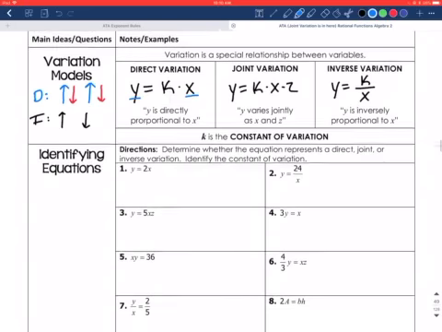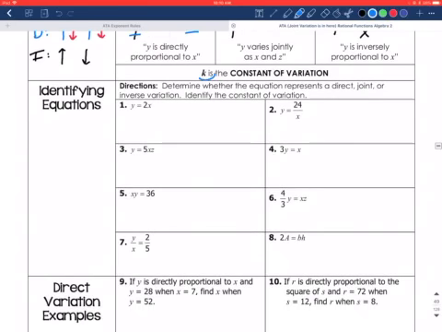All right, and then we have that k. K is the constant of variation that will always come after the equal sign. So for number 1, you can see that our k here is 2, and this is direct variation. We have one variable that we're using on the right side of the equal sign, and we have our constant of variation.